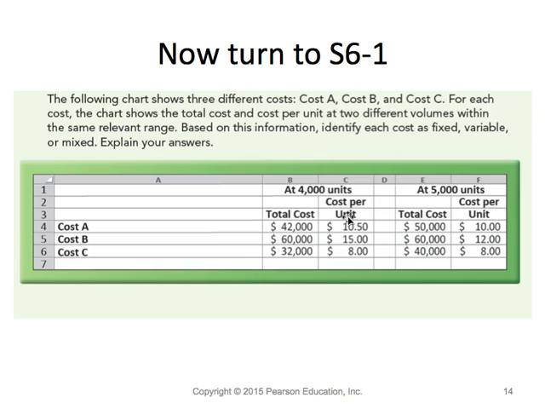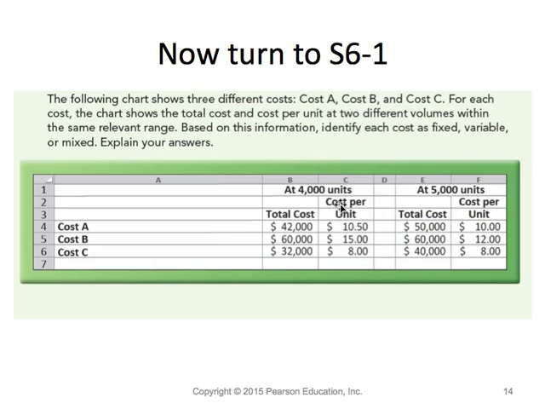Okay, so here this is the easy one. The following chart shows 3 different costs: cost A, cost B, cost C. We want to find out which one is a fixed cost, which one is a variable cost. The way to do it is like this. We say the cost per unit at 4,000 is 10, and we have total cost of 42, and then at 5,000, we compare total cost per unit.